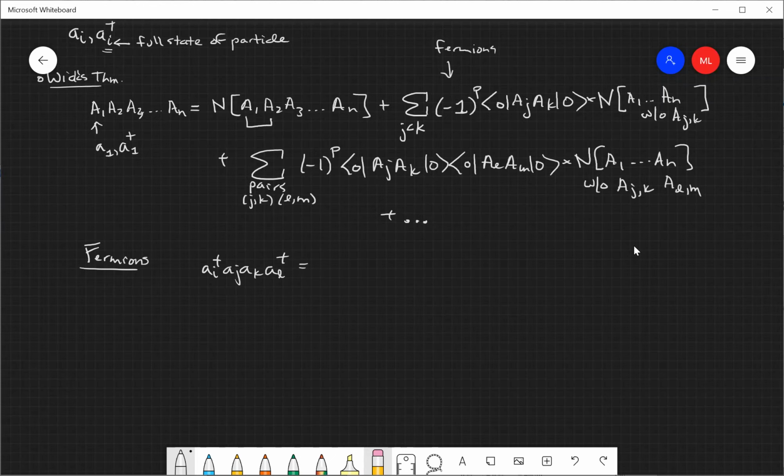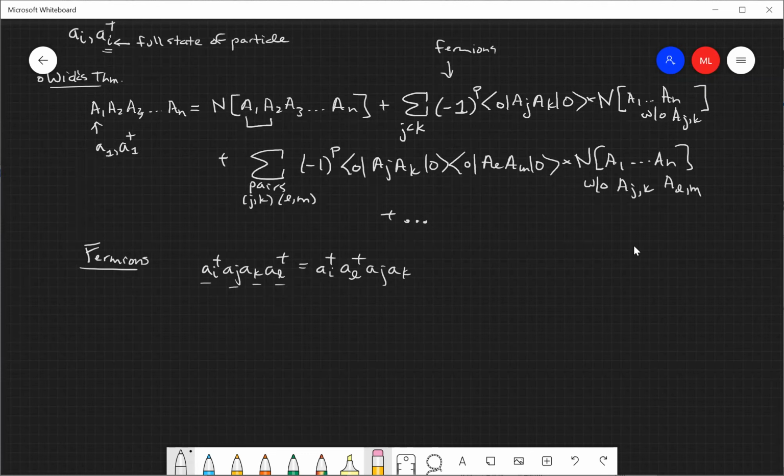All right, so the first term is just a normal ordering. So we keep the relative order of these, we just move the annihilation guys over to the right-hand side. So this would be AI dagger, AL dagger, AJ, AK.